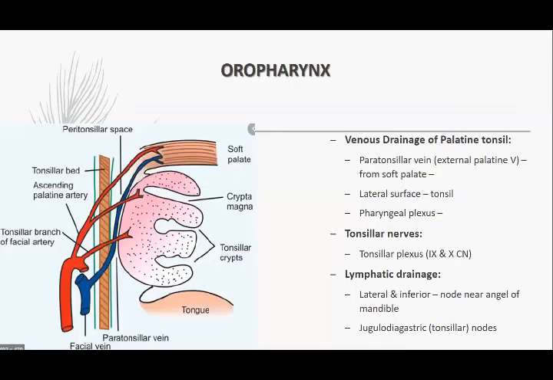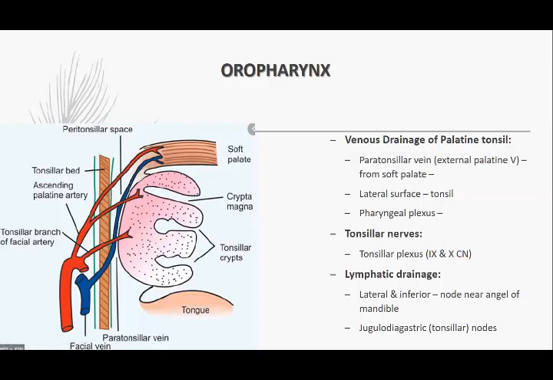We finished the oropharynx. I repeat once again, the venous drainage. It starts from the soft palate. The vein, the paratonsillar vein, also called the external palatine vein, runs on the lateral side of the palatine tonsil, outside the capsule of the palatine tonsil.